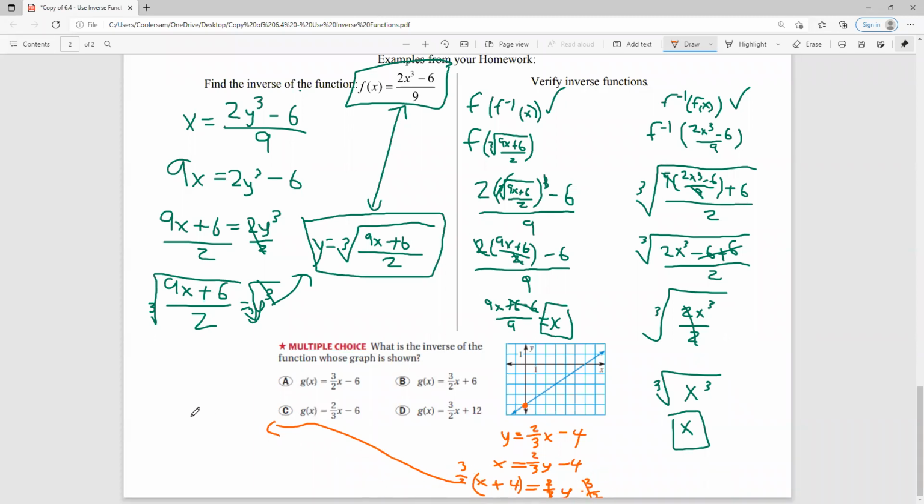So then I'll have 3/2 x plus 4 times 3, which is 12, and 12 divided by 2 is 6. So that's going to be my answer. That means that B is our solution.